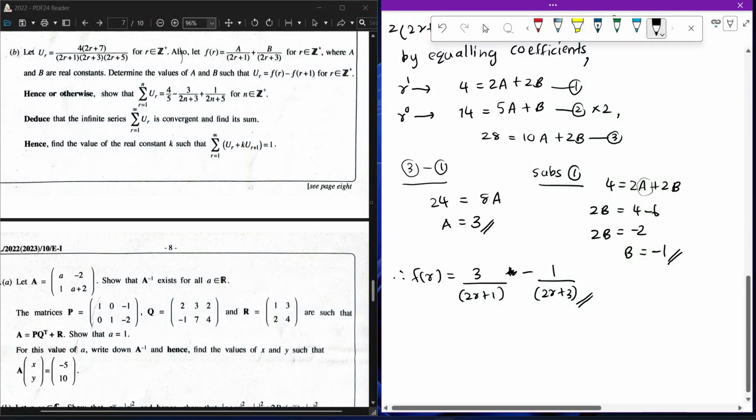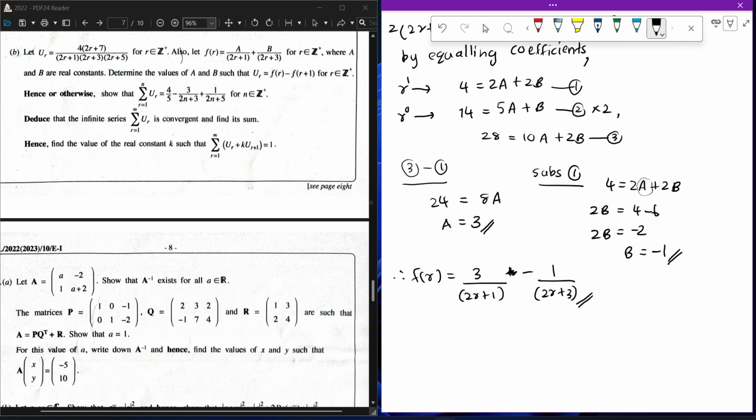Now we'll have to move on to ur equals fr minus fr plus 1 expression again, according to the theory concepts you have learnt in your classes before. That is the next procedure that we'll have to follow. Then get the final summation of the ur expression in terms of n, and then find the limit, and get a value, whether it's finite or infinite.